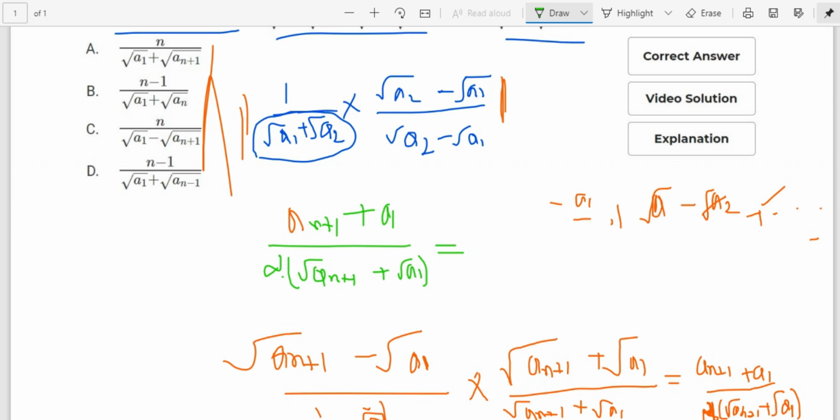Now what I write is, a n plus 1 will be what? a1 plus n d, isn't it? Plus a1, divided by d, in bracket under root a n plus 1 plus in bracket under root a1.